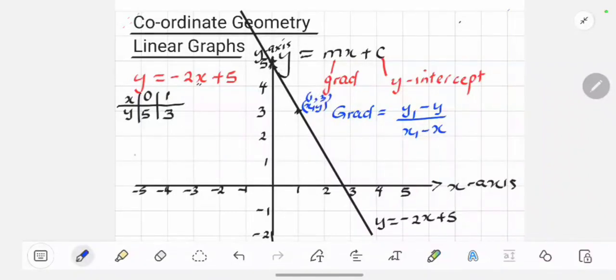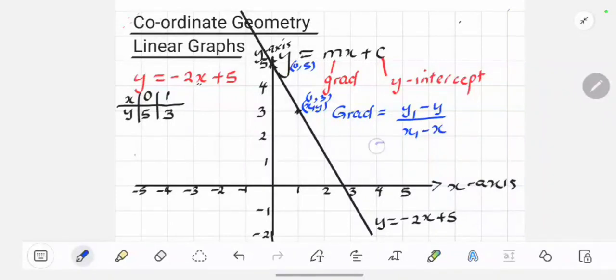Same applies as here. I have got 0 for x, 5 for y. That is the coordinates of those points.